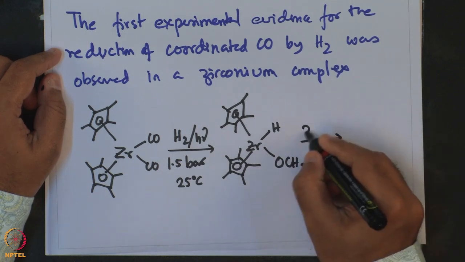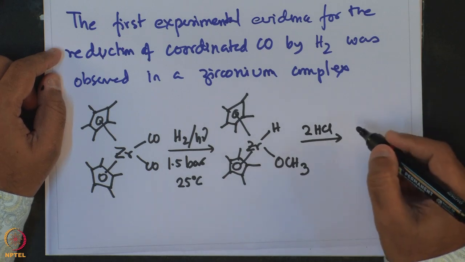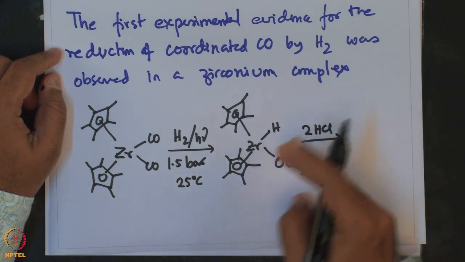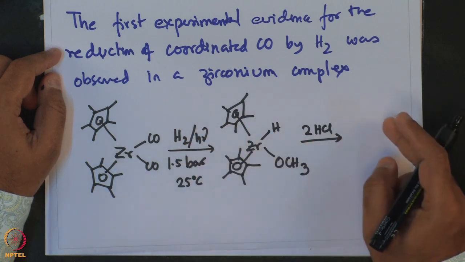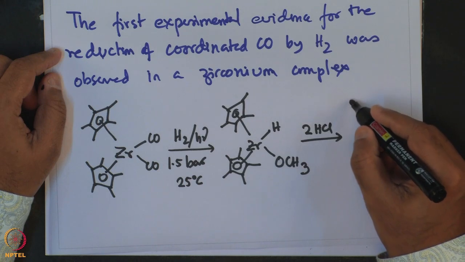With HCl, it produces methanol plus hydrogen and the zirconium dichloride complex.